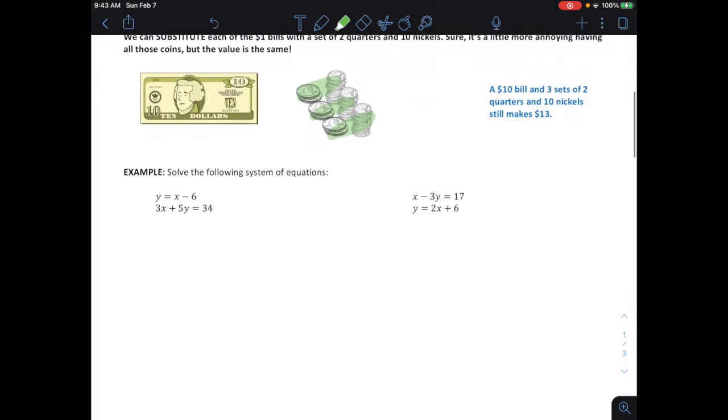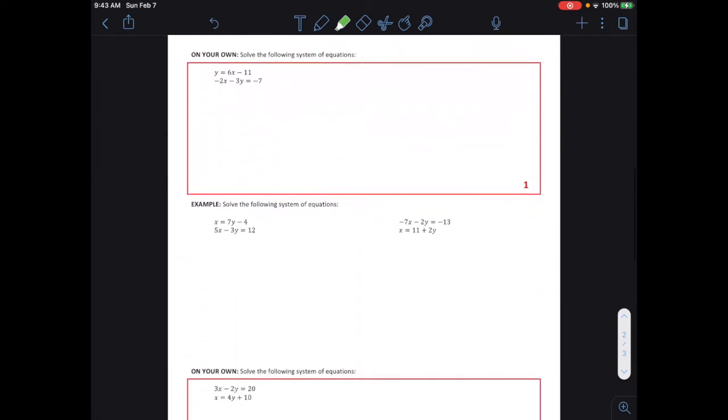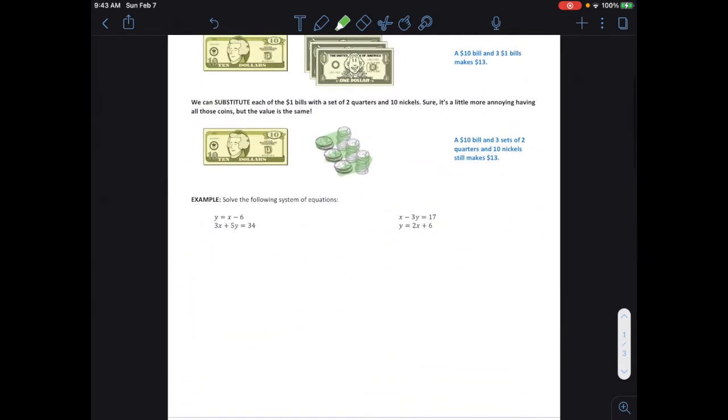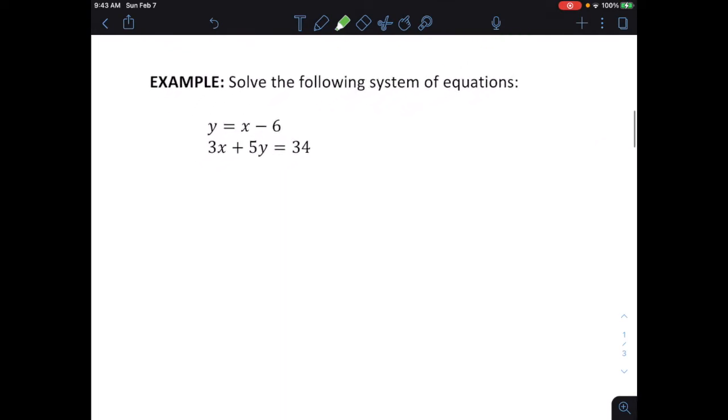If you look at these equations here, you can see that these are different than what we saw in the last lesson. So we only have one equation that says y equals. The other equation is in standard form. And the way that we're going to deal with this is we're going to say, hey, that y is kind of like the $1, and the x minus 6 is kind of like all those coins.